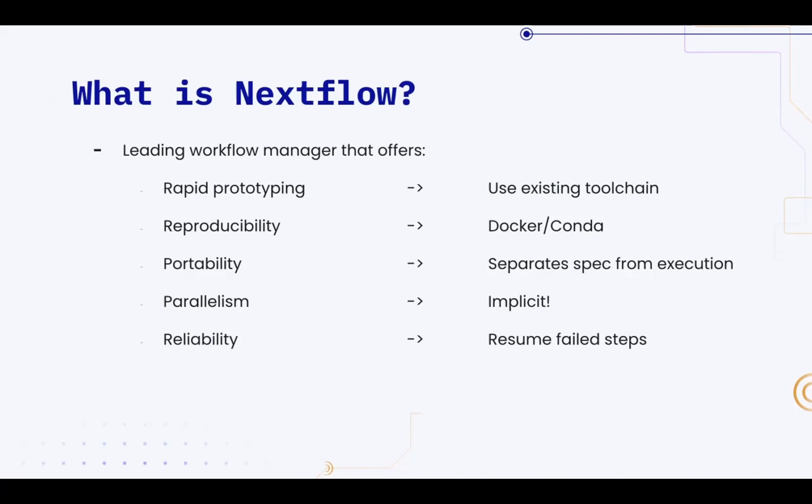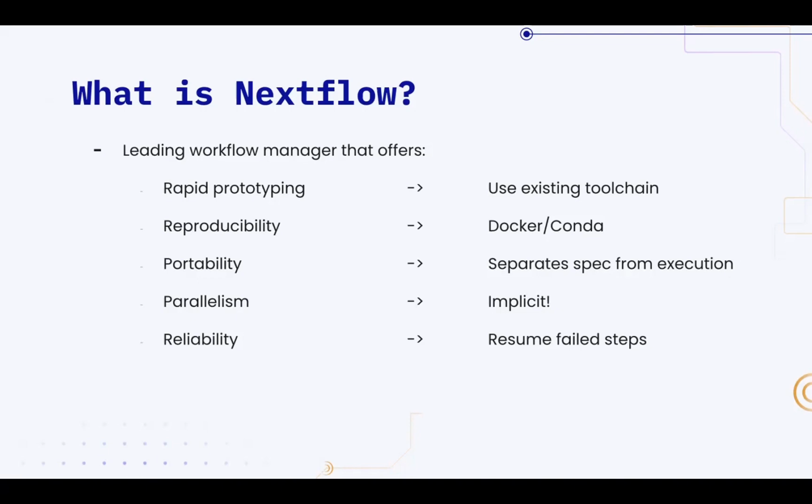and we'll see a little bit later exactly how we can use that ourselves. Now, portability is especially important in a workflow manager that's meant to work seamlessly. And so Nextflow provides an abstraction layer between your pipeline's logic and the execution layer. So it can work out of the box with many different platforms. Nextflow also is implicitly parallel thanks to its programming model.